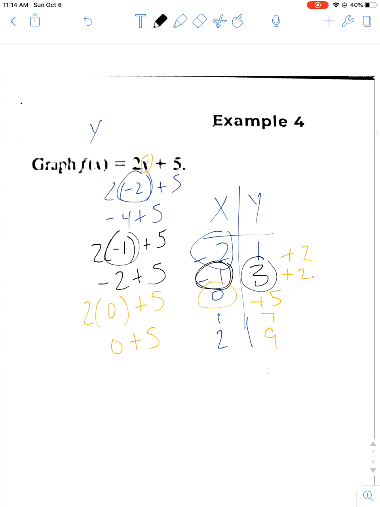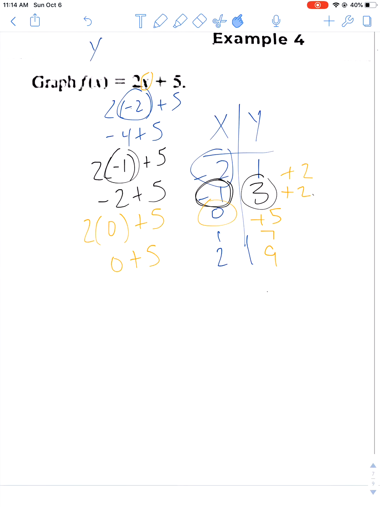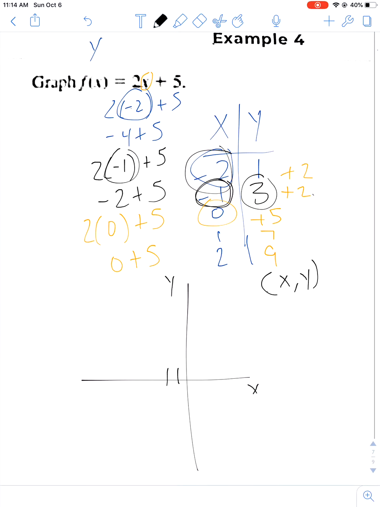And now what we're going to do, now that we have our x, y chart, or table, as some people call it, let's plot these. So remember, in an ordered pair, it goes x, comma, y. So this is -2, 1. So I'm going to go where x is -2 and where y is 1. Put a point. The next one is -1 on the x, 3 on the y.